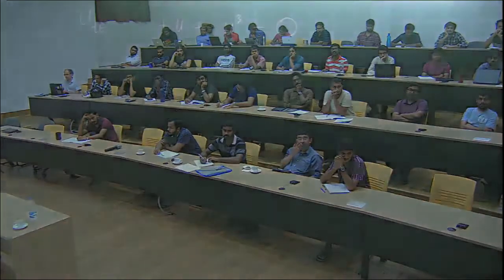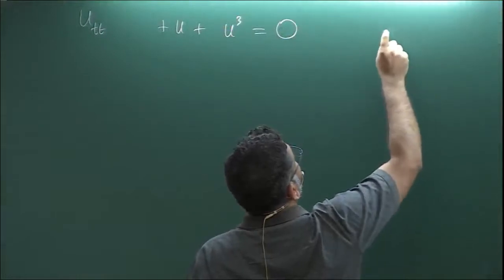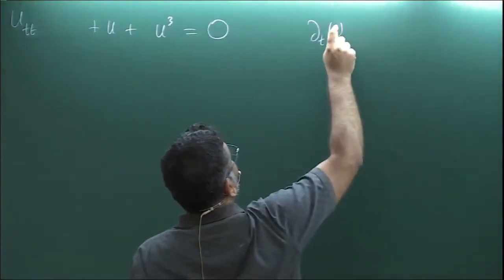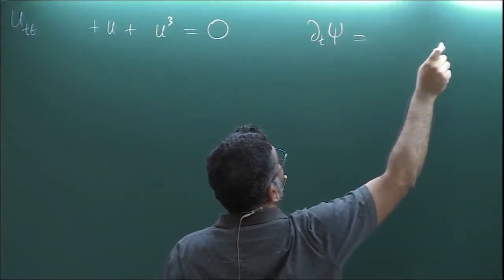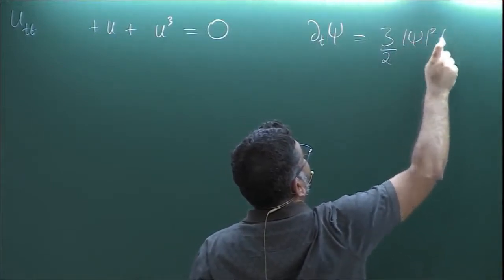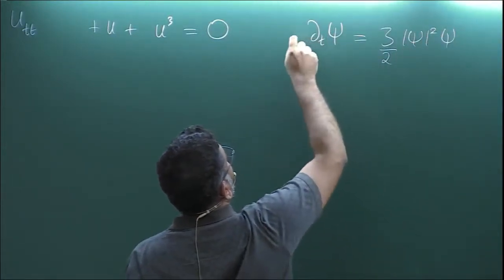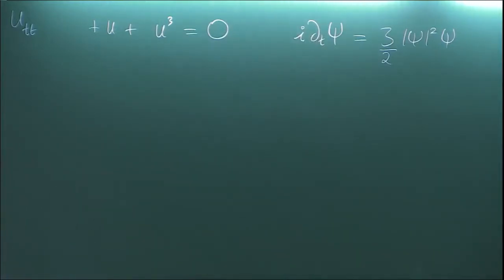And I did this perturbation calculation and ended up with an equation of the form 3 by 2 psi squared psi, and I think I have an i here, where psi is basically this alpha parameter that I had last time. Okay? I'm changing up notation just because I will be considering PDEs today.